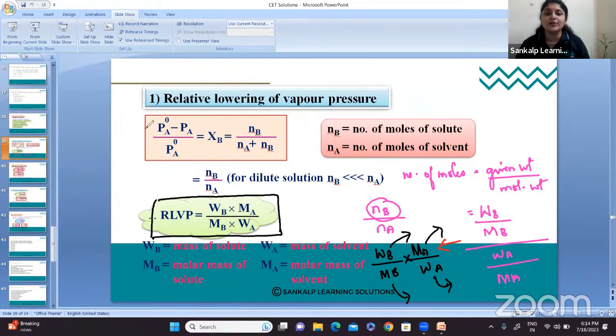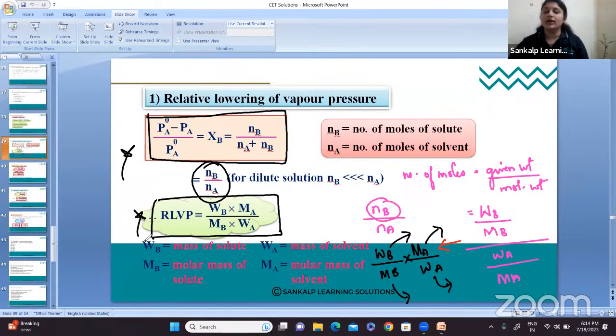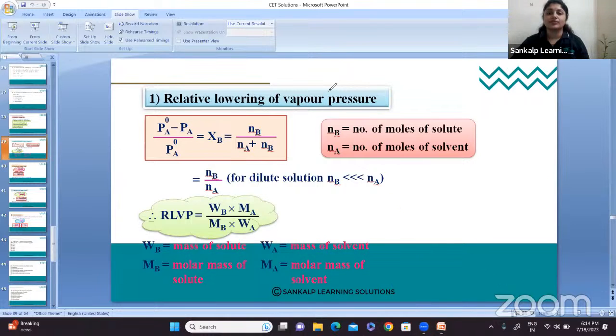The formula you need to remember is this one and this. For dilute solutions, where the number of moles of solute is very, very much less than NA, we consider this particular formula. These are the formulas you need to remember for relative lowering of vapor pressure.